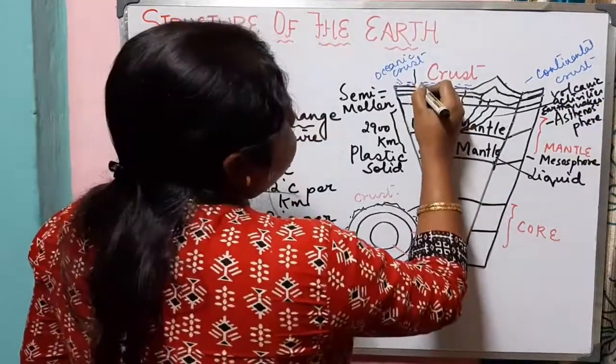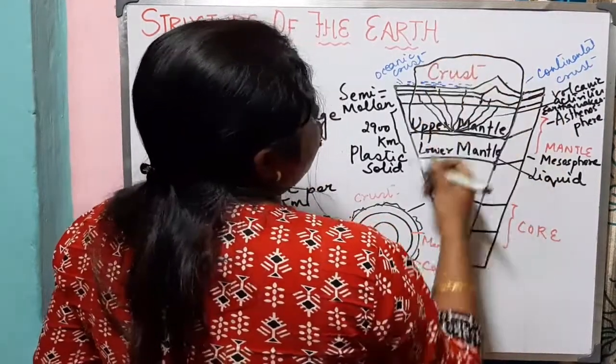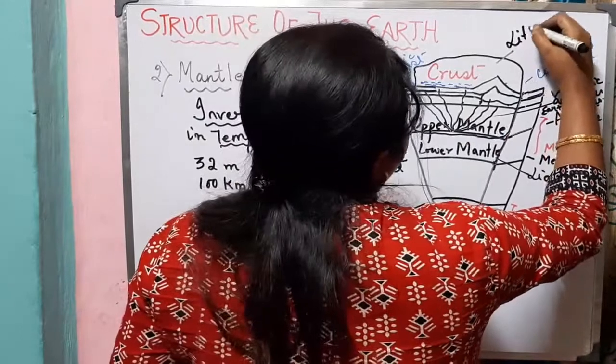Now, the upper mantle and the crust together form the lithosphere.